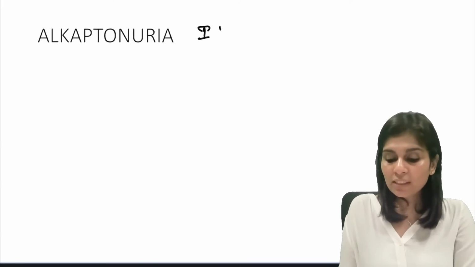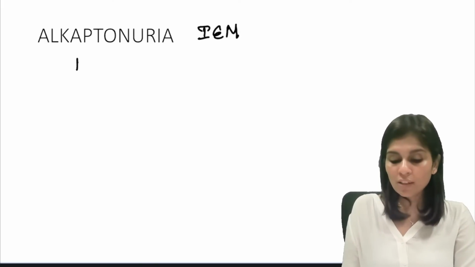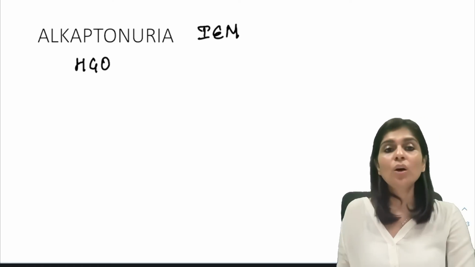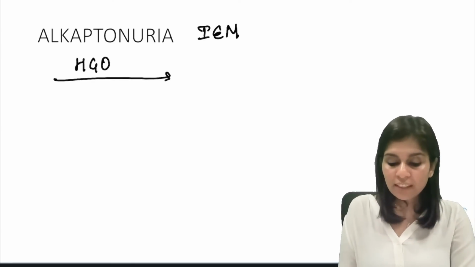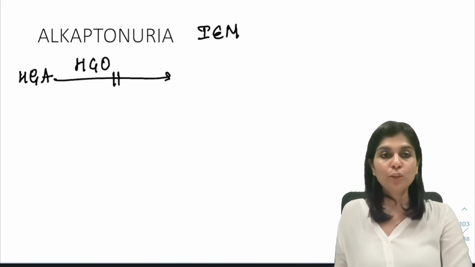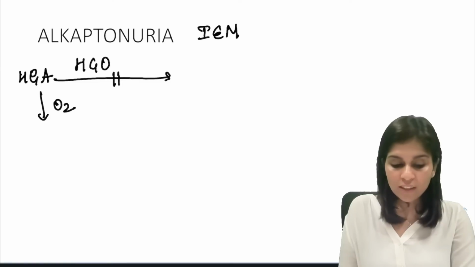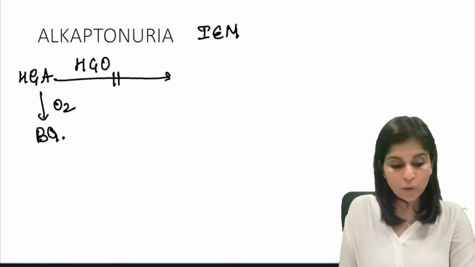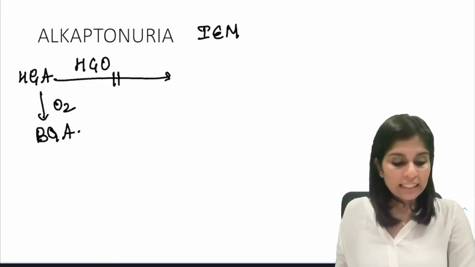So alkaptonuria is an inborn error of metabolism caused by the defect of homogentisate oxidase. When homogentisate oxidase is defective, the precursor homogentisic acid accumulates. That undergoes oxidation to form benzoquinone acetate. Yes, high anion gap metabolic acidosis. You're right, Titir Surai.